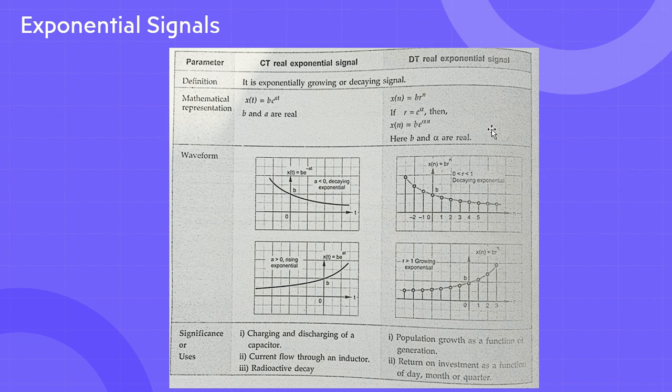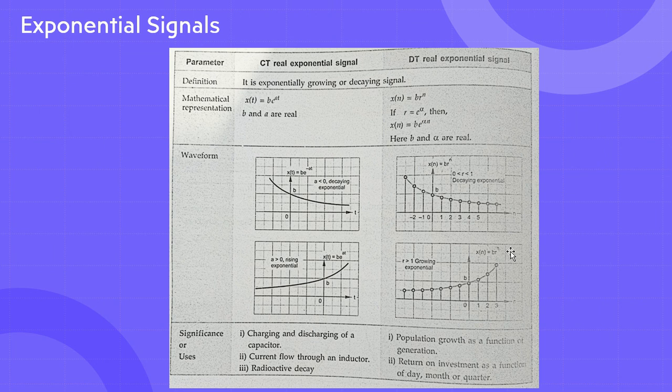So when the value of my r is between 0 and 1, at that time I will be getting this decaying exponential. And at the moment when the value of my r surpasses 1, at that time I will be getting this rising or growing exponential.